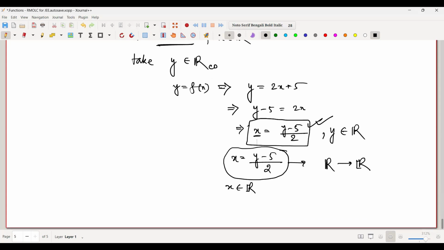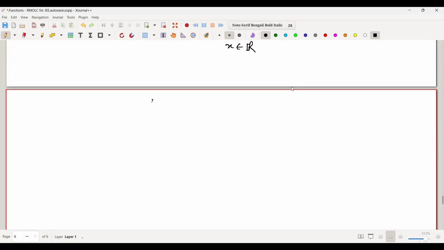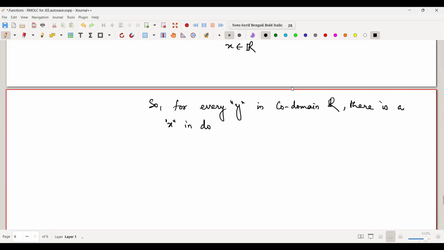So for every y in codomain R, there is an x in domain R such that f(x) equals y. That implies f is an onto function.